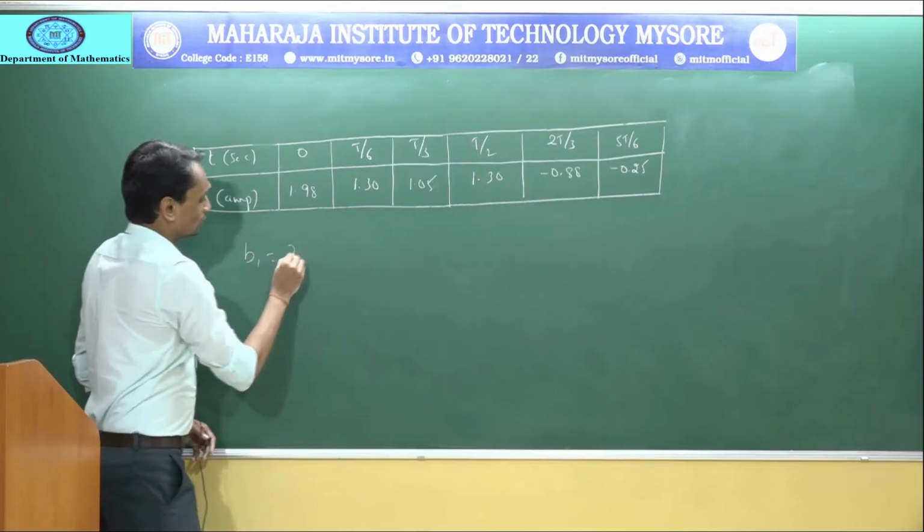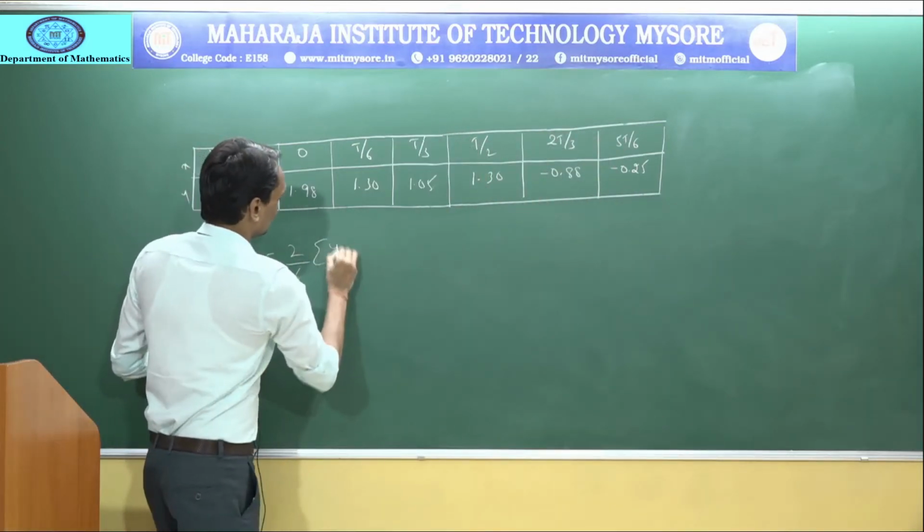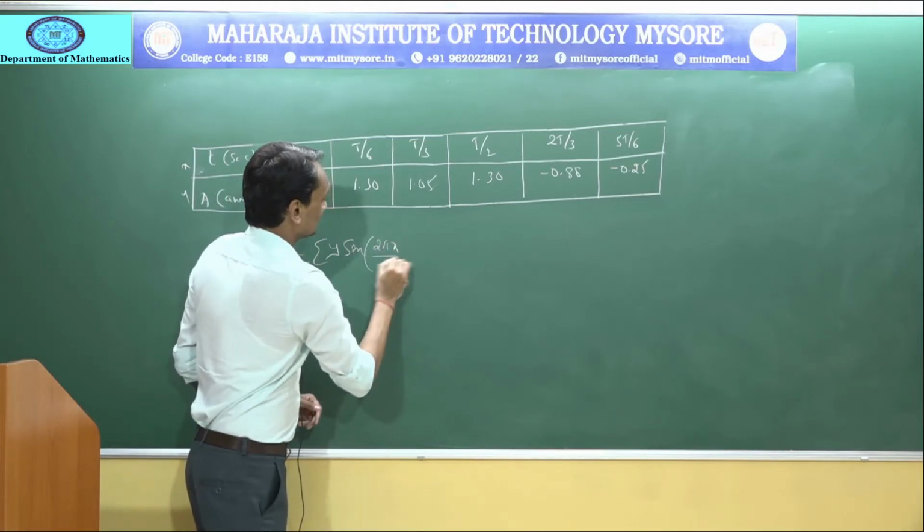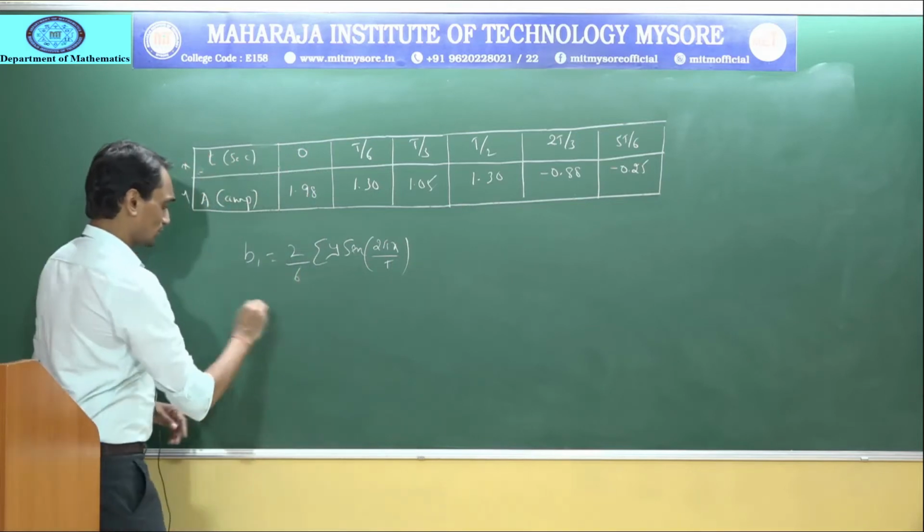So B1 equal to 2 by 6 into summation of y into sine 2 pi x by t. Okay, now I will substitute all the values.